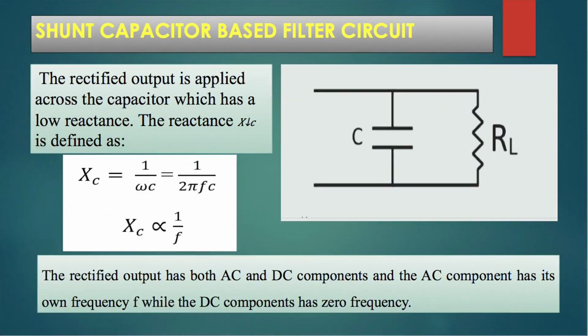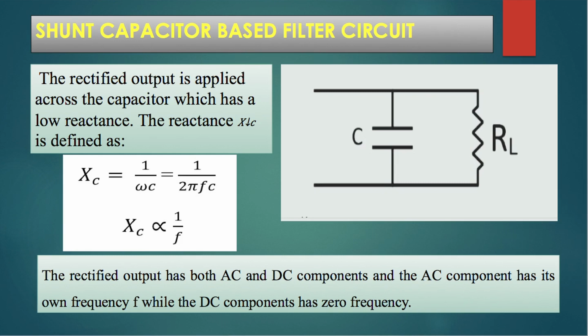The rectified output is applied across the capacitor which has a low reactance. The reactance of a capacitor is defined as Xc equal to 1 by omega C, where omega is equal to 2 pi times the frequency.